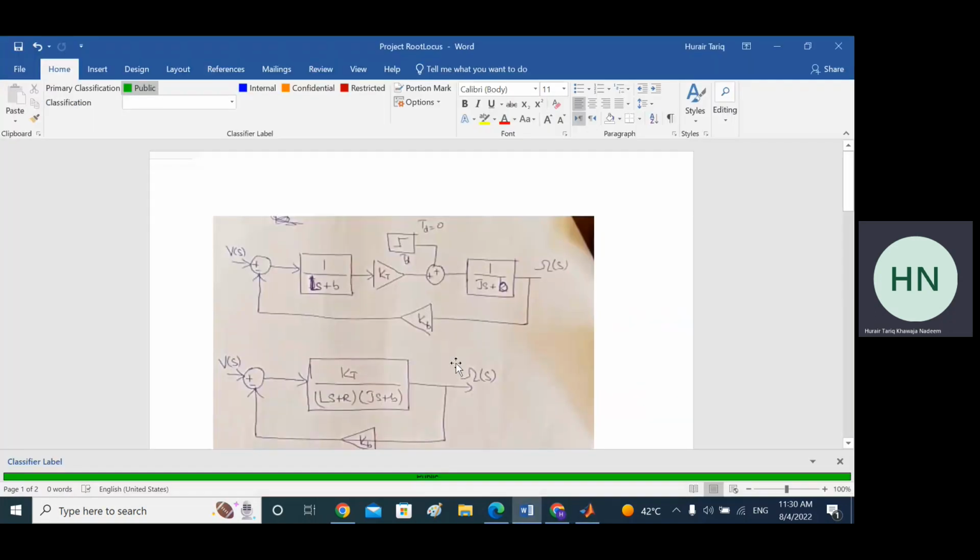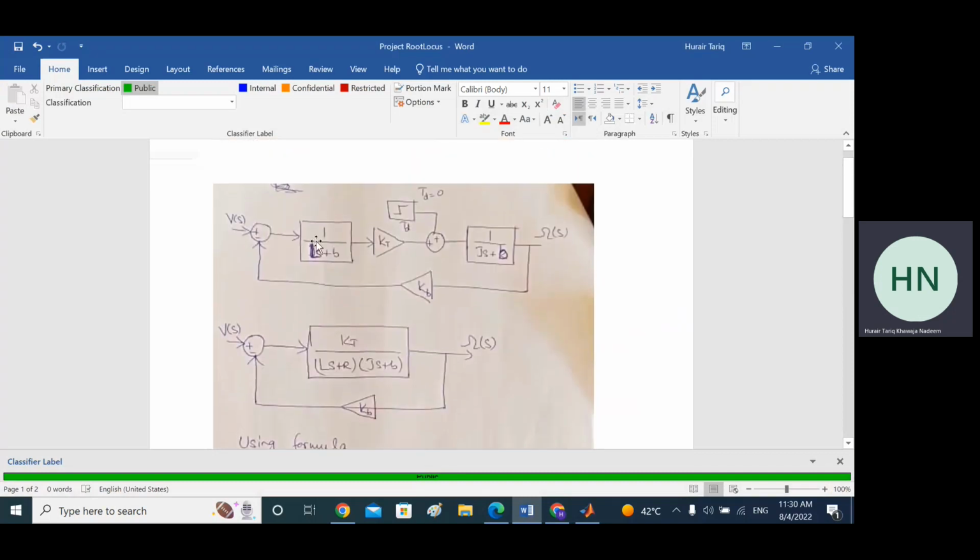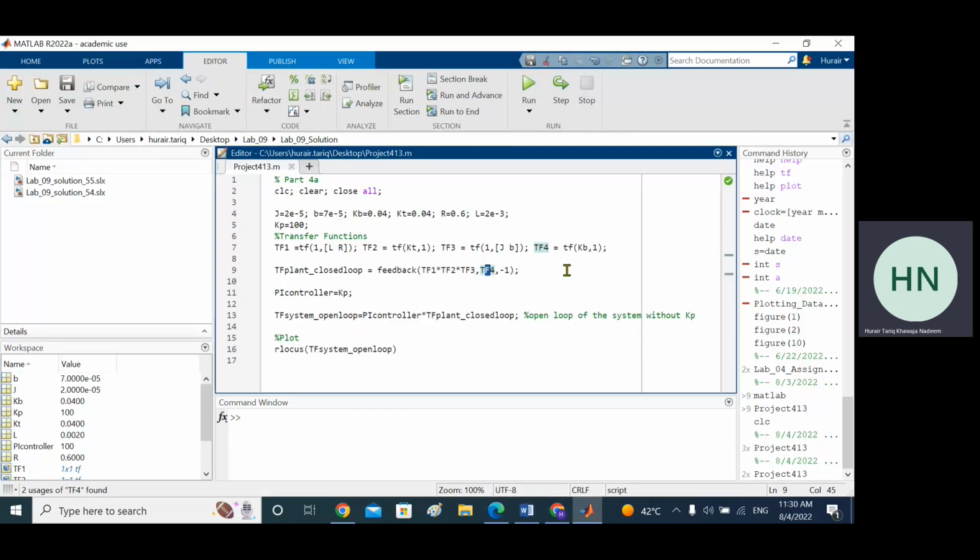You can come back over here and see that this is TF1 multiplied by TF2 multiplied by TF3, and this is HS. So you write this HS, which is TF4, after the comma. And because it's a negative feedback, as you can see, its negative sign is over there, so you will write -1. The -1 tells that you have got a minus sign at the feedback.